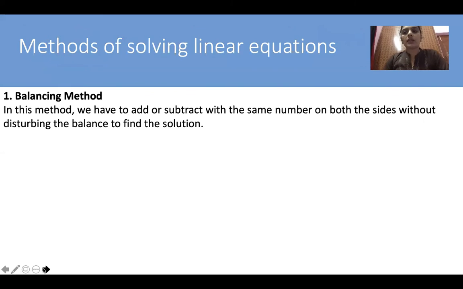There are different methods of solving a linear equation. First is the balancing method. In this, we have to add and subtract the same number on both sides without disturbing the balance of the equation.